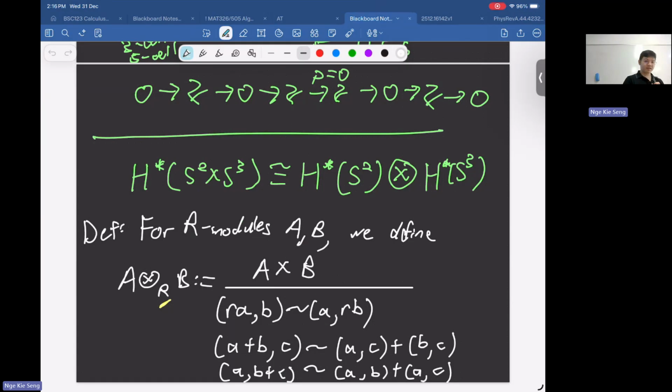Yeah, okay, this is definitely another R module.